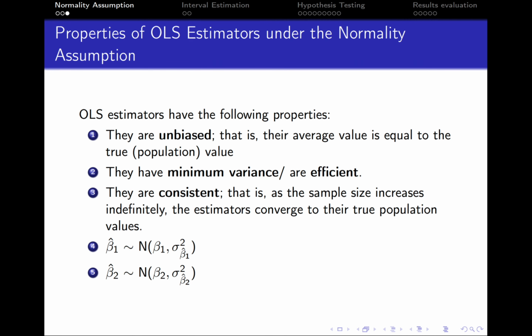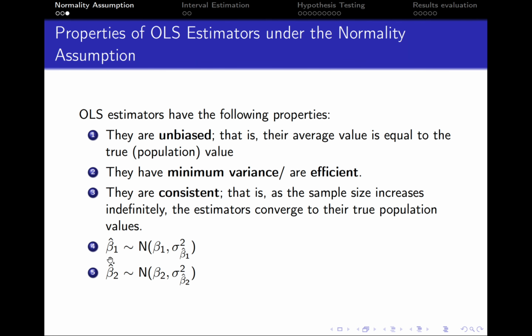So as the sample size increases, so as we add more and more observations, the estimators, the coefficients, converge to their true population value. So in other words, the bigger the sample, the better, because our coefficients converge to their true values.